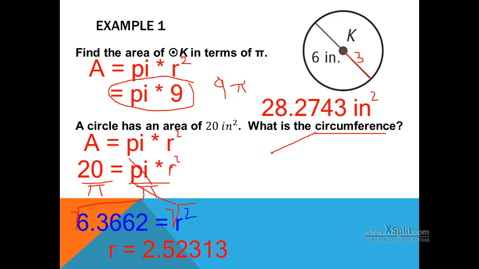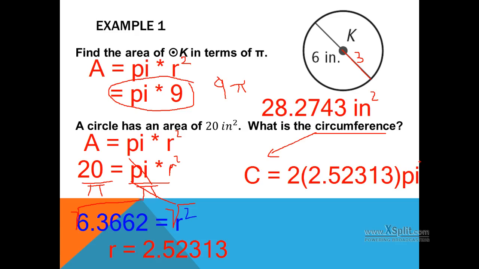All right, we know our radius. We want to know circumference now. We're halfway there. Found our radius already. Circumference is equal to 2 times our radius, 2.52, times pi. If we plug that all into our calculators, 2 multiplied by the number that you got, multiplied by pi, should give you about 15.85.